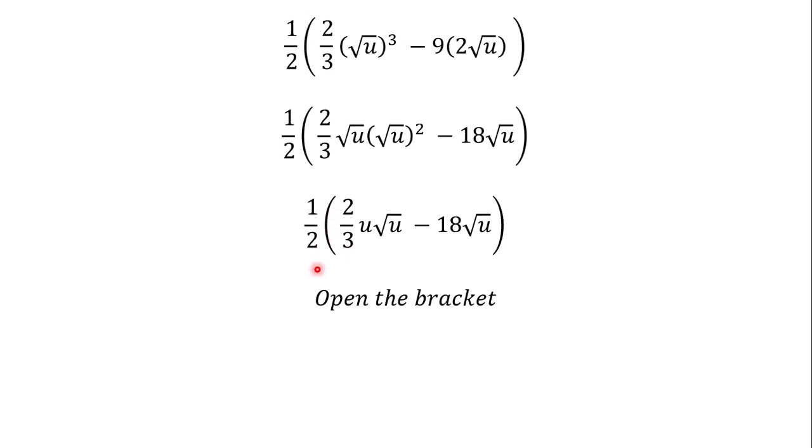Also this half, when multiplied by 18 square root of u, is going to give us 9. Half times 18: 2 goes into 18 nine times, and 9 by 1 gives us 9. So we have one over 3 u square root of u minus 9 u.